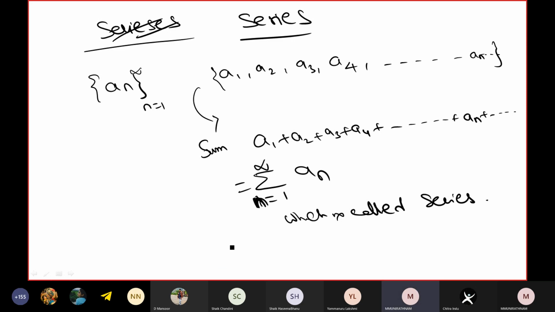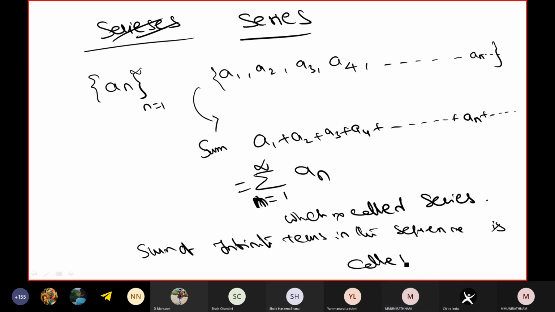So the sum of the infinite terms in a sequence is called a series.